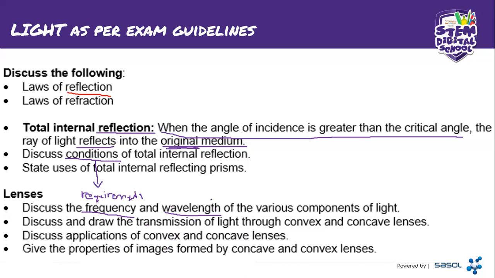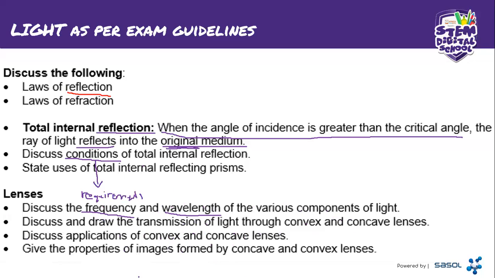Secondly, we must be able to discuss and again be able to draw the transmission of light through convex and concave lenses. We must be able to do that altogether.